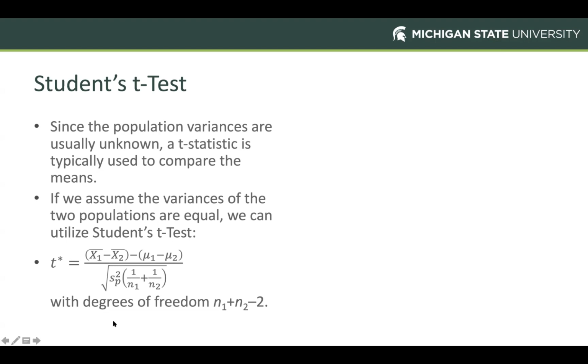So in concept, it's as if S1 is equal to S2 is equal to SP, and so both of these would be SP squared. It's analogous to saying S1 squared and S2 squared, because we're operating under the assumption here that those variances are equal to one another when we're running Student's t-test, okay?